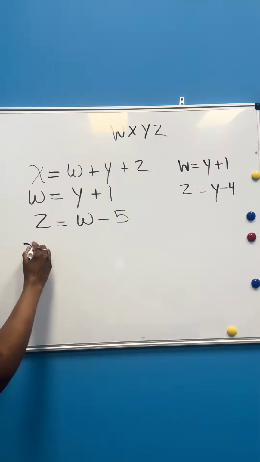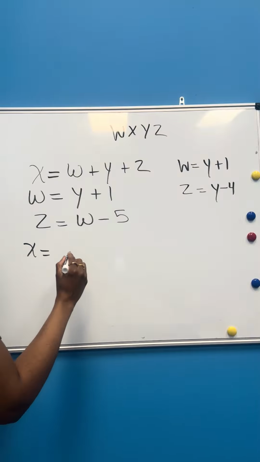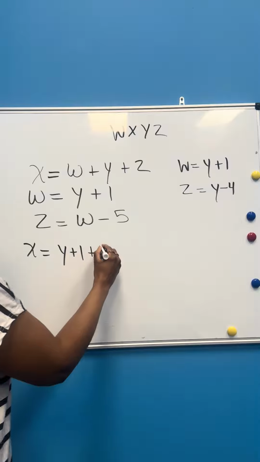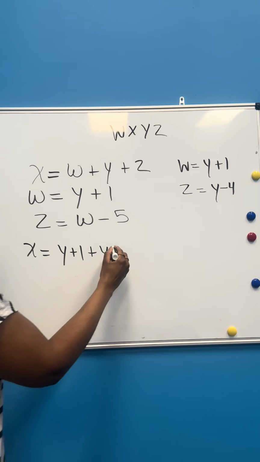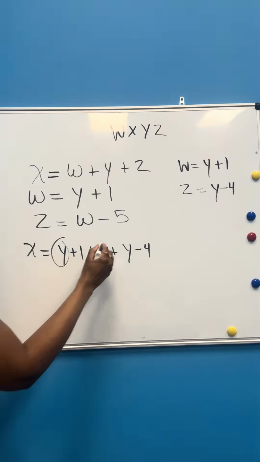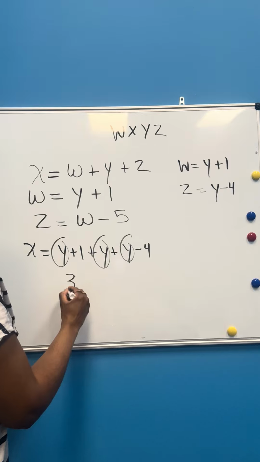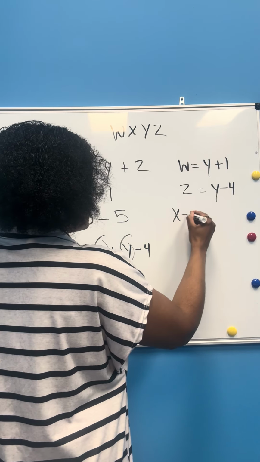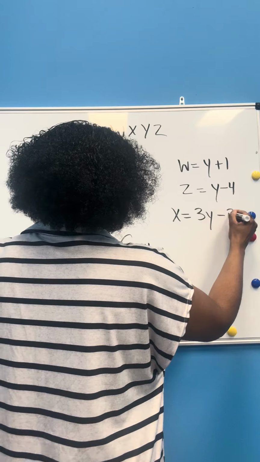So x is, we know w is y plus 1, y is just y, and z is y minus 4. So x is 1, 2, 3y minus 3. So x equals 3y minus 3.